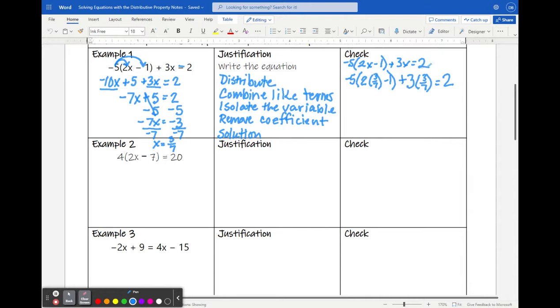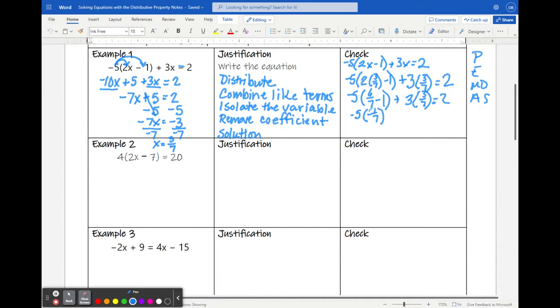But you do remember that order of operations is parentheses, exponents, multiply, divide, add, subtract. So we're going to do these parentheses first. The negative 5 stays. In the parentheses, we have 2 times 3/7, so that would be 6/7 minus 1, plus 3 times 3/7 equals 2. 6/7 minus 1 would be a negative 1/7, so negative 5 times a negative 1/7.